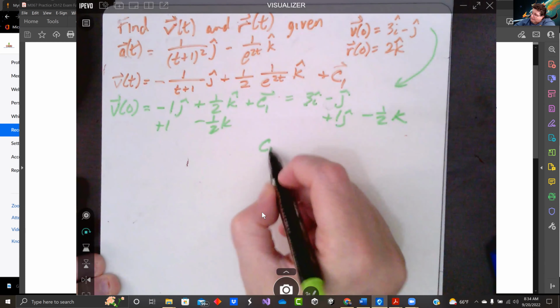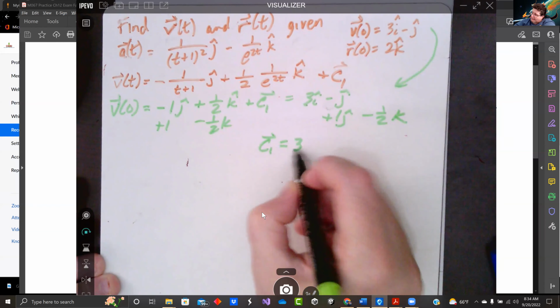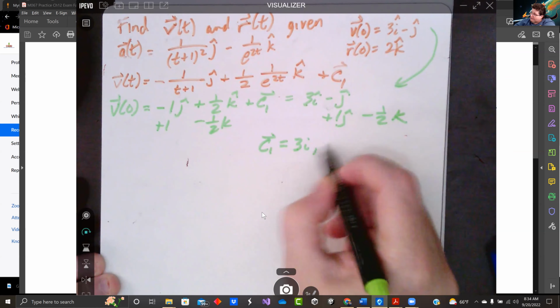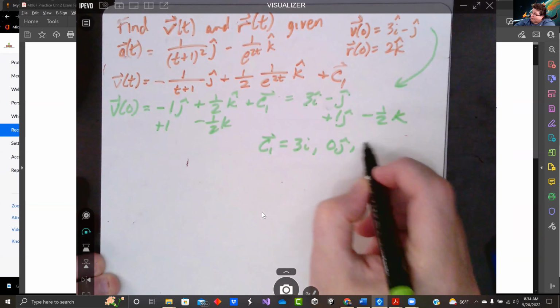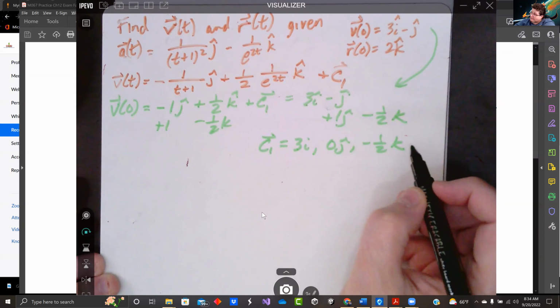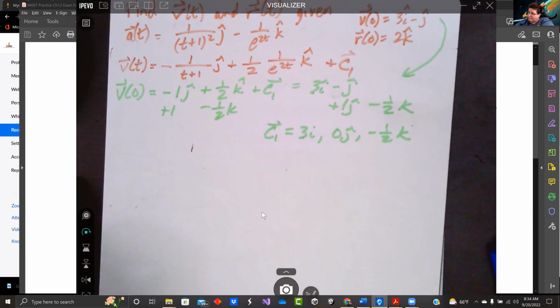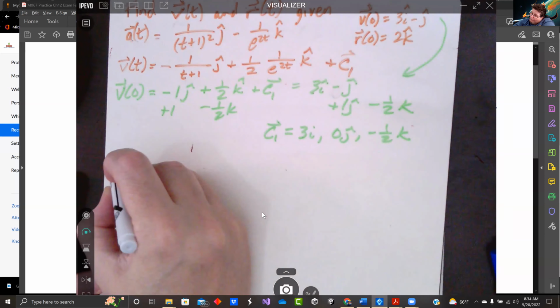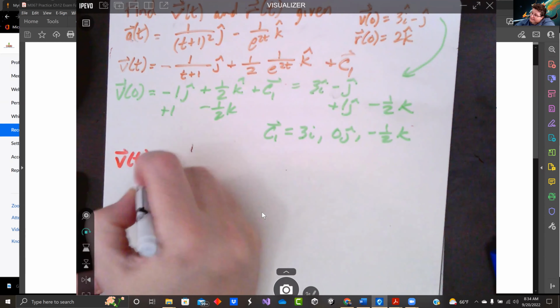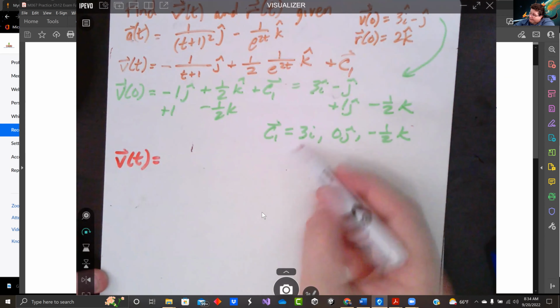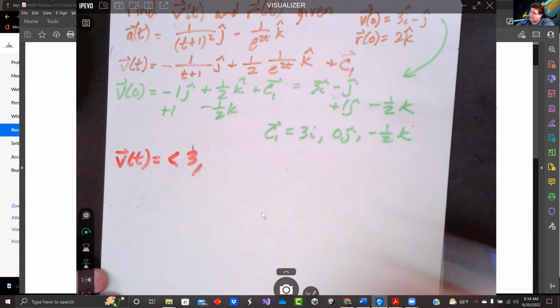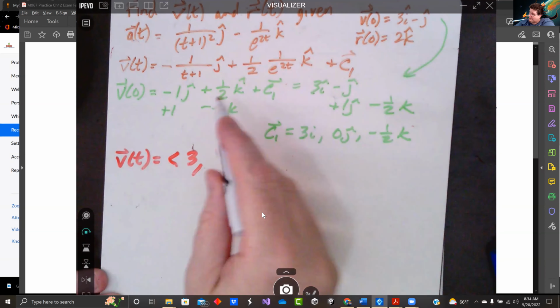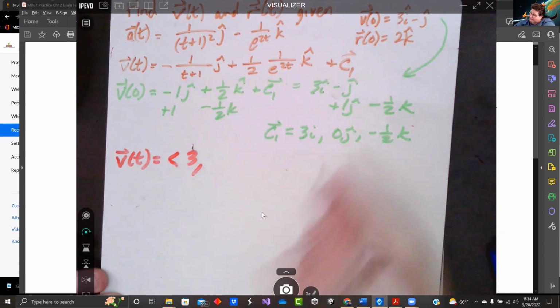So C1 is 3i, 0j and -1/2 k. So that's going to give me my full V of t right here. My full V of t is 3. And then this doesn't change.